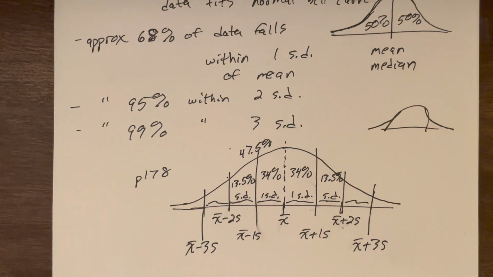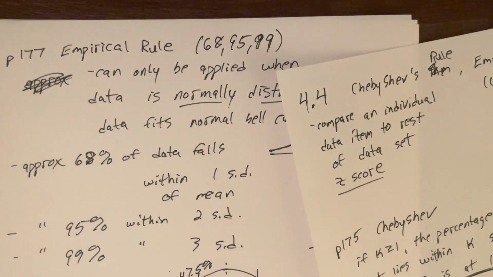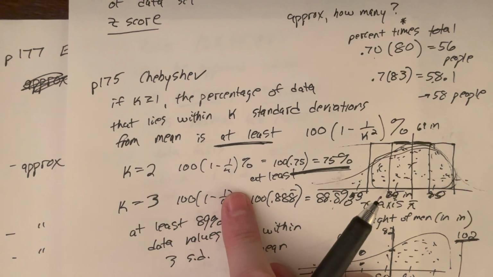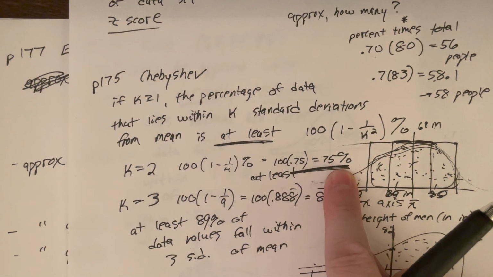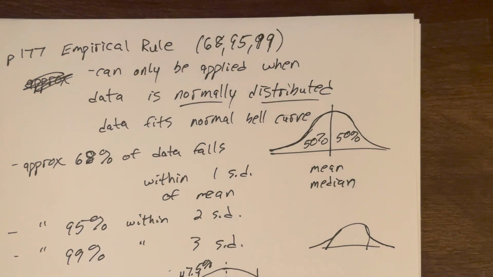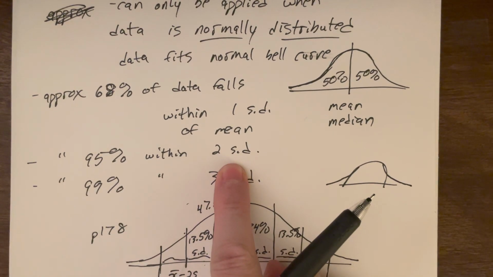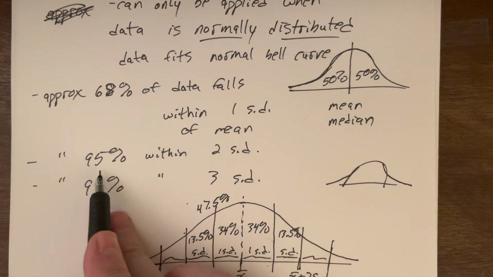So once again, notice, everything in the empirical rule completely matches up with what we said with Chebyshev, but we just get more. Instead of saying at least 75%, well, at least means 75% or more. If we know it's normally distributed and we go out 2 standard deviations, it's not at least 95%, it's approximately 95%, which is a lot more than 75%.